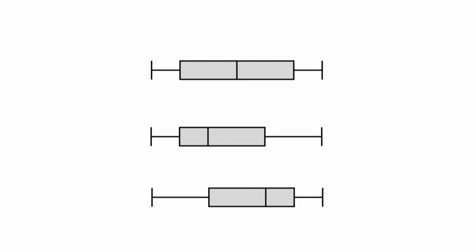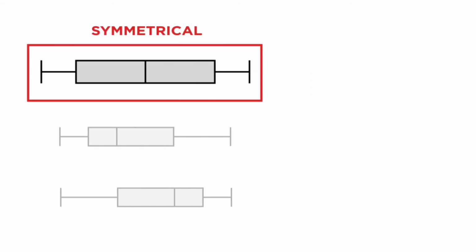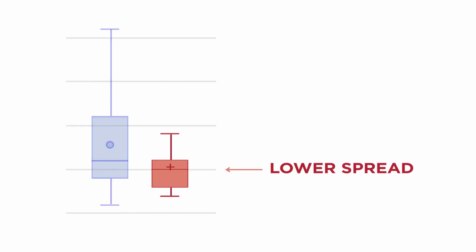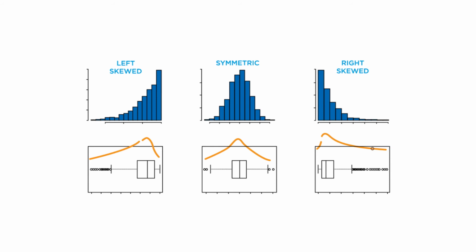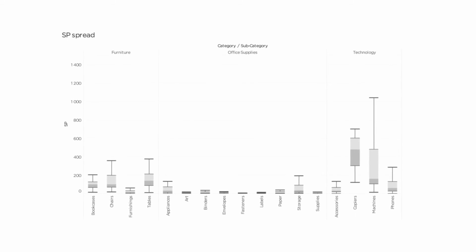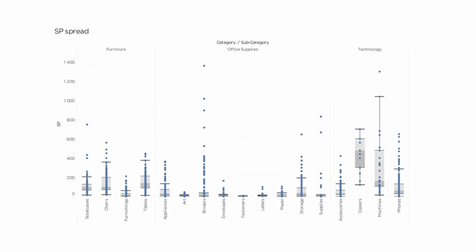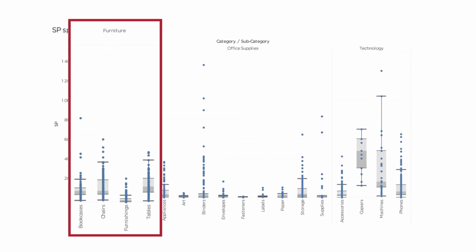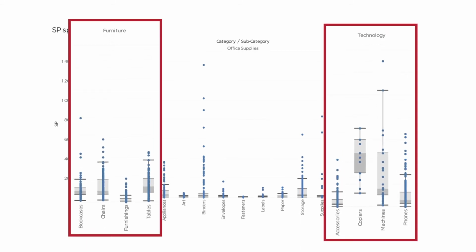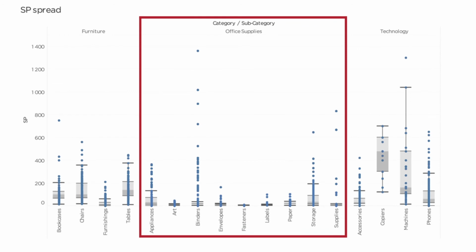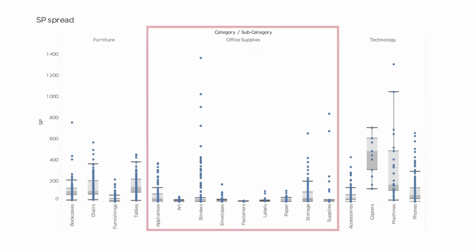It can also tell you if your data is symmetrical, how tightly your data is grouped, and if and how your data is skewed. Box plots take up very less space and are very convenient to view spreads of different categories. In this box plot, furniture and technology have the maximum spread and office supplies have a more consistent pricing.